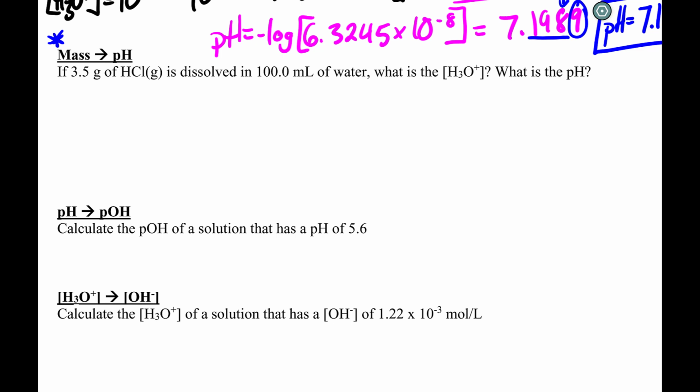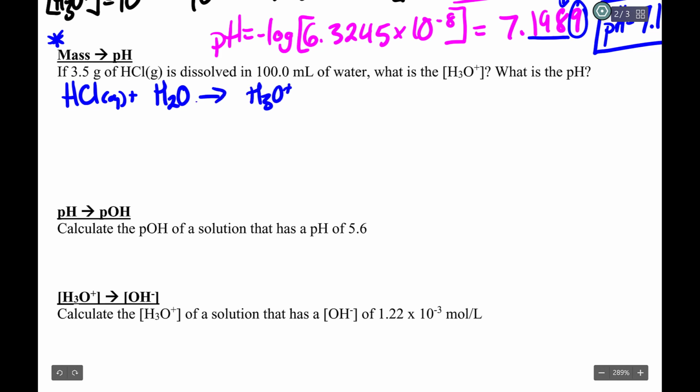Now, HCl is a strong acid, so it would react with water 100% to turn into hydronium and chloride ion.